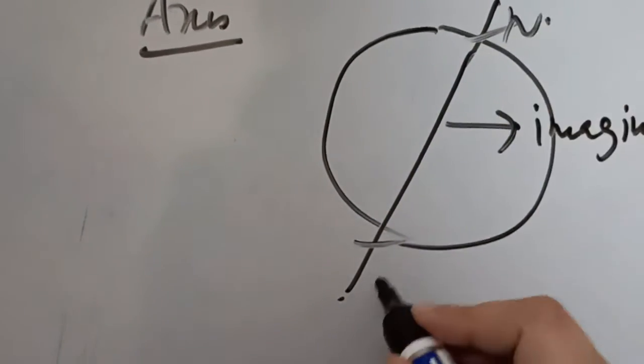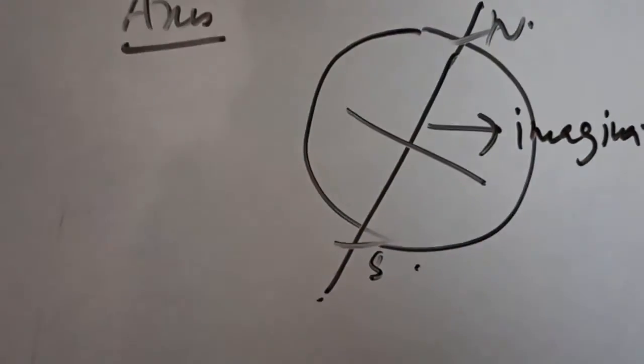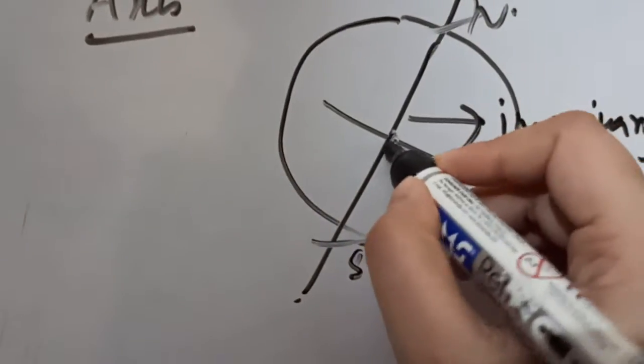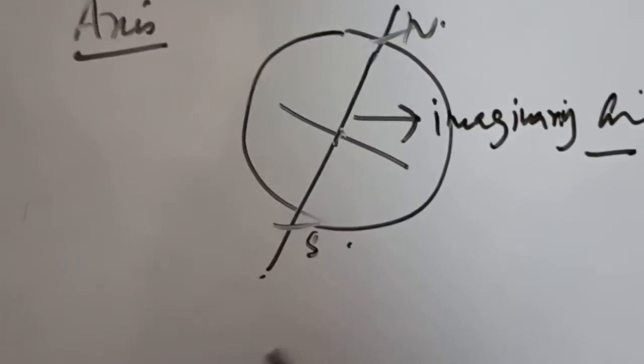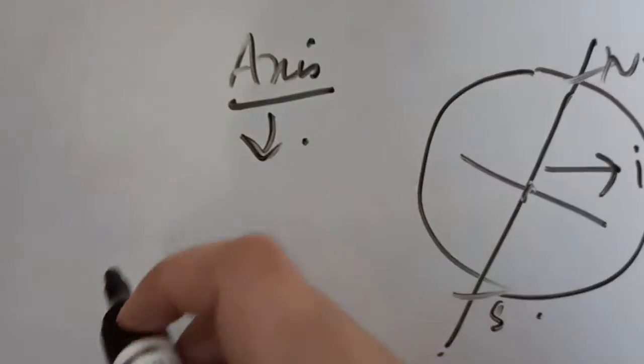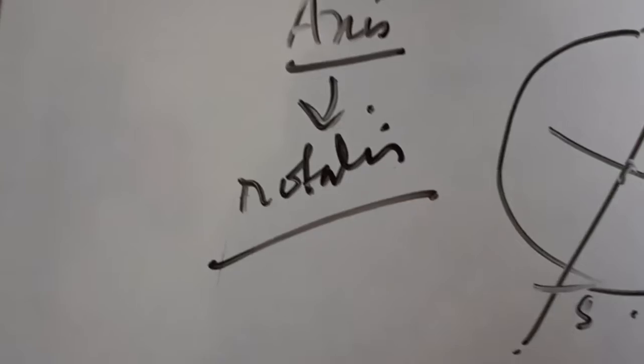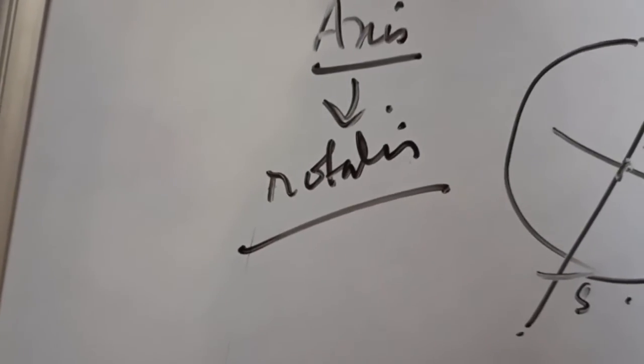This is the north pole and this is the south pole, and it passes through the center of the earth, and we call this the earth's axis. Based on the earth's axis, the earth rotates.